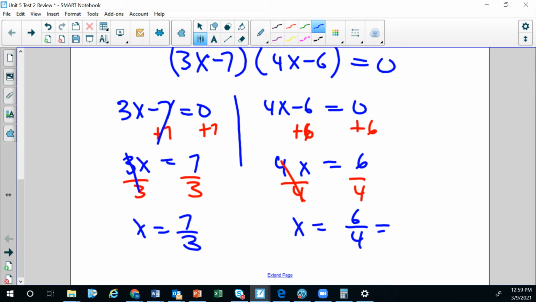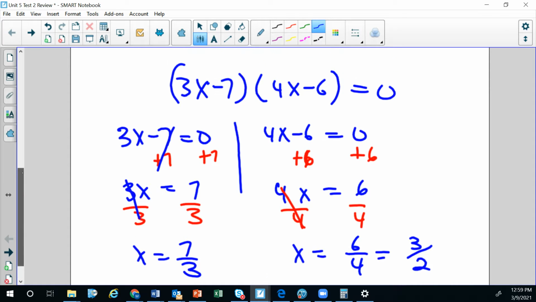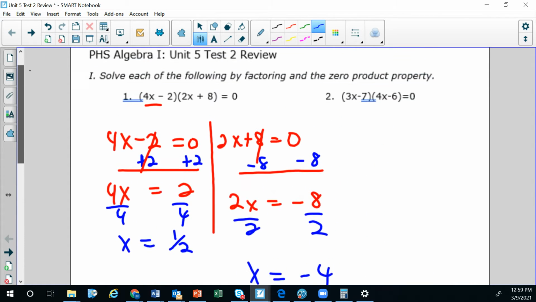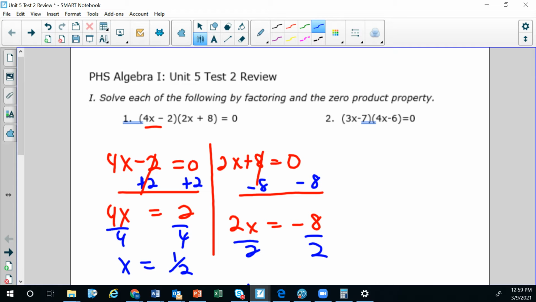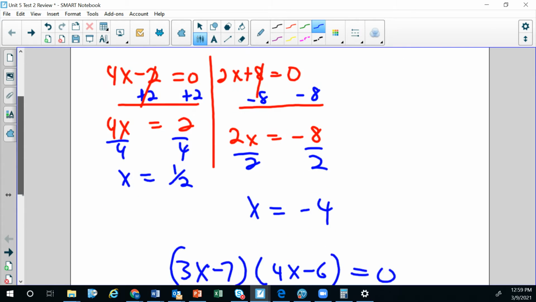And you can reduce that to 3 over 2. Okay? So those are the solutions to the polynomial.